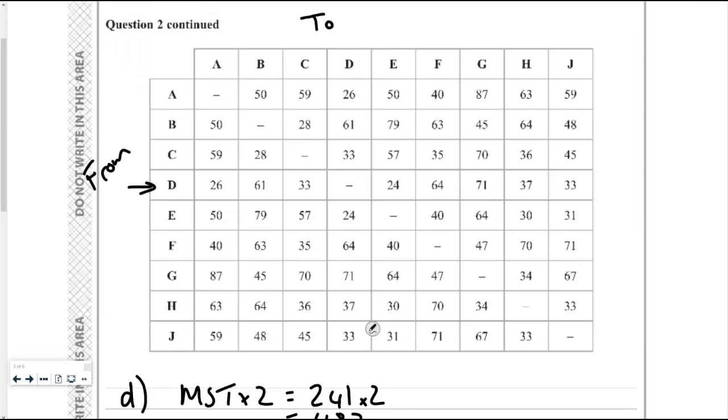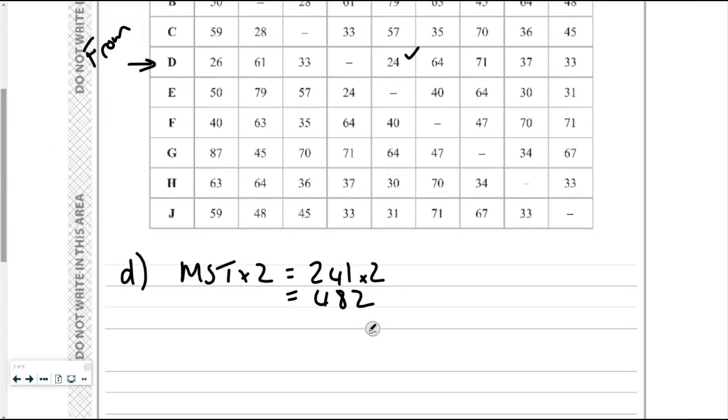So if I'm starting from D, my closest one from D is going to be E. So I've got D to E. I can write it down here. E's 24. So then I go to E, and I think, where's the shortest I've not been to? So that would be to H for 30.